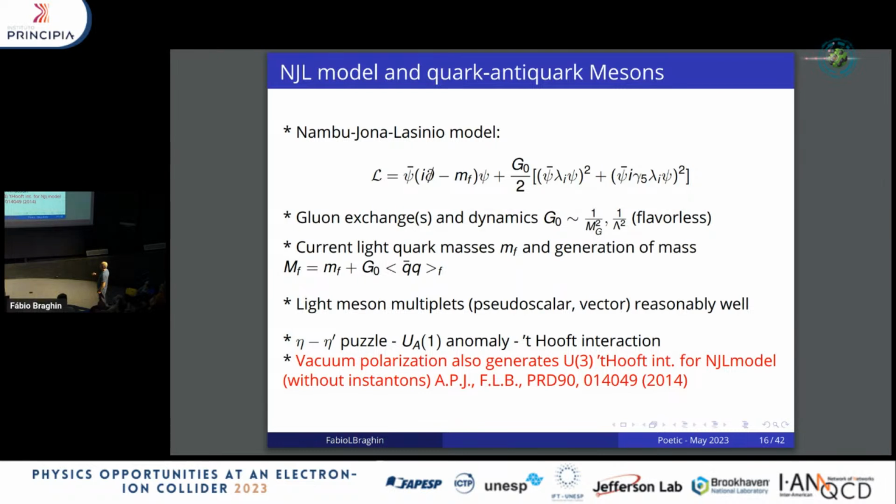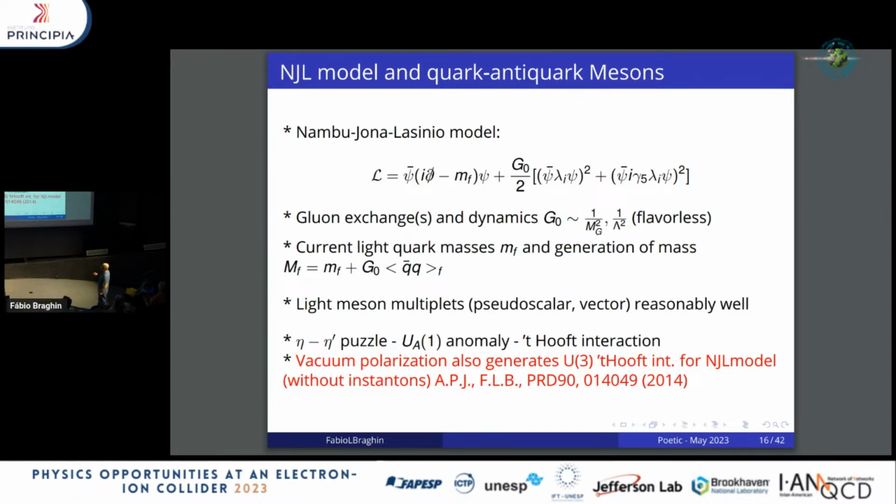Usually the spectra of the light mesons are very well reproduced with the Nambu-Jona-Lasinio Lagrangian, sometimes with further interactions. There is a big problem besides the scalar mesons, which are a problem themselves because they are not usually described by quark-antiquark interactions. That's given by the eta puzzle, the mass of the eta prime to be described.